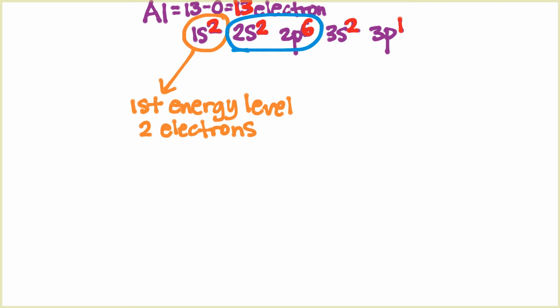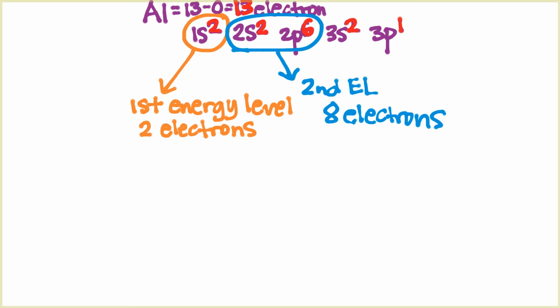Therefore, they're both in the second energy level, and we'll just write down EL for energy level. So how many electrons do we have? Since they're both in the second energy level, we can add them. 2 plus 6 gives me 8 electrons.